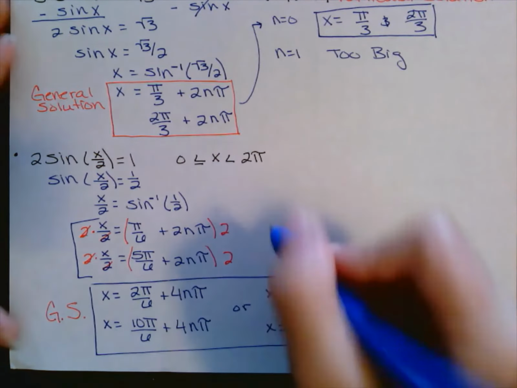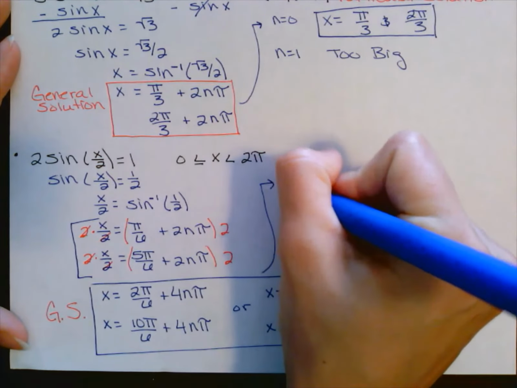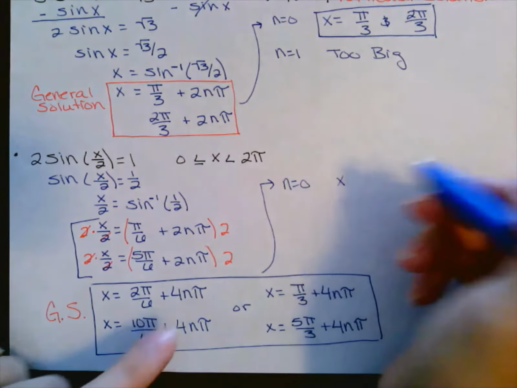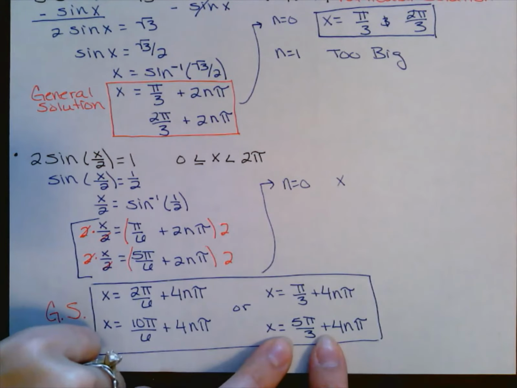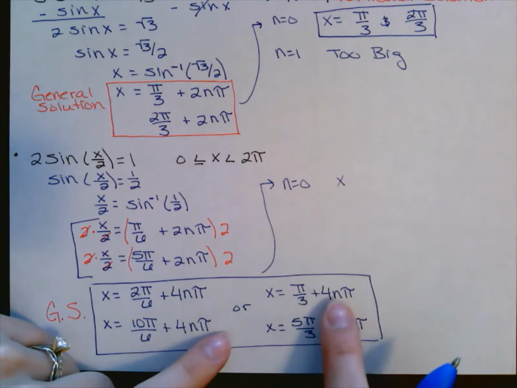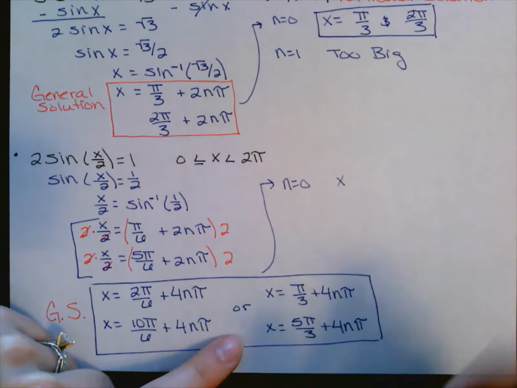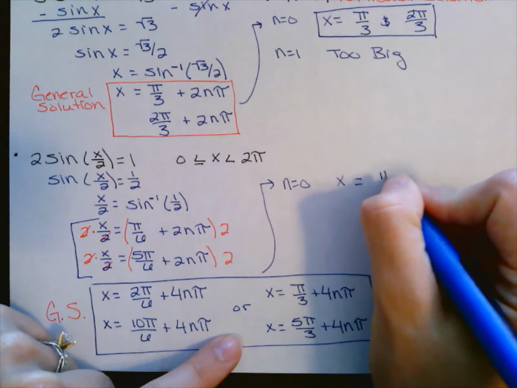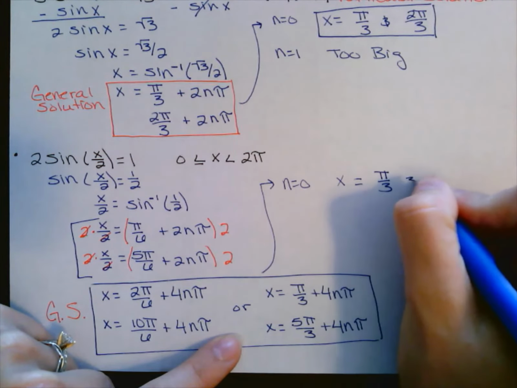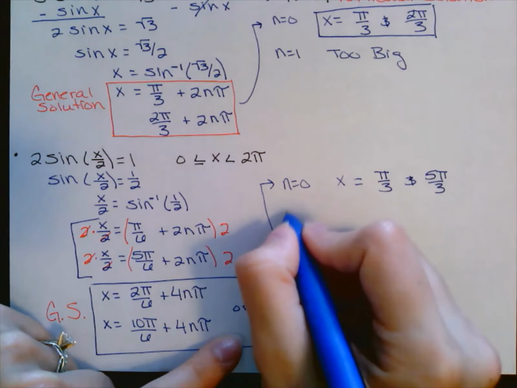And now I'm going to come up here and test my n's. So when n is 0, we'll use the reduced one, just so our values are more recognizable from the unit circle. If I plug in a 0 into n, these entire 4 pi's cancel out, and x is just pi over 3 and 5 pi over 3.